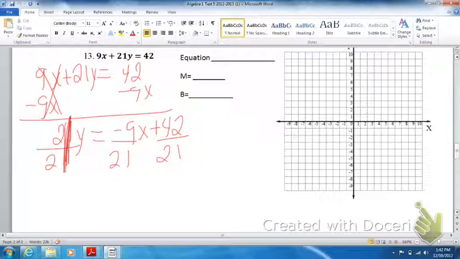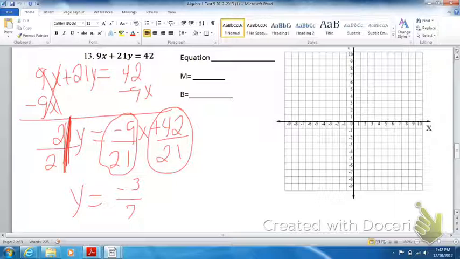This becomes a big 1. Now you can reduce this. -9 over 21, you can divide each one by 3, and you'll get -3 over 7. 42 over 21, you can reduce it to 2.